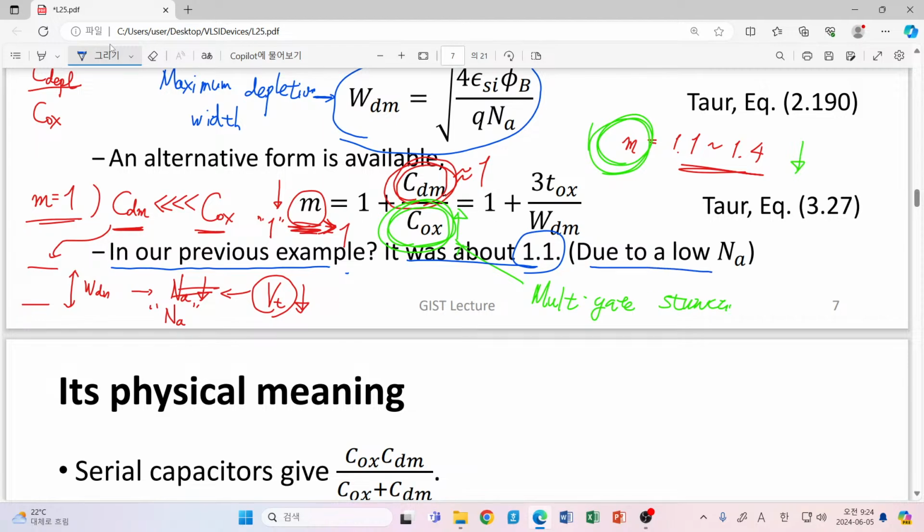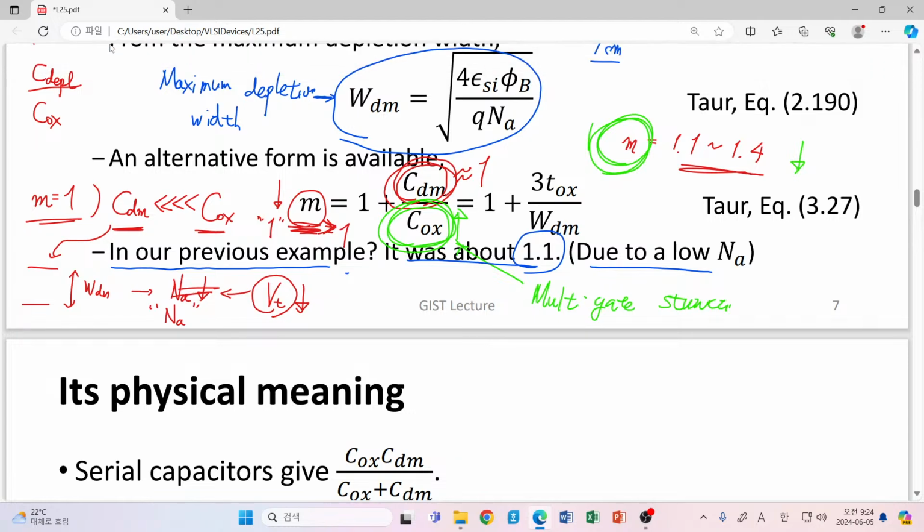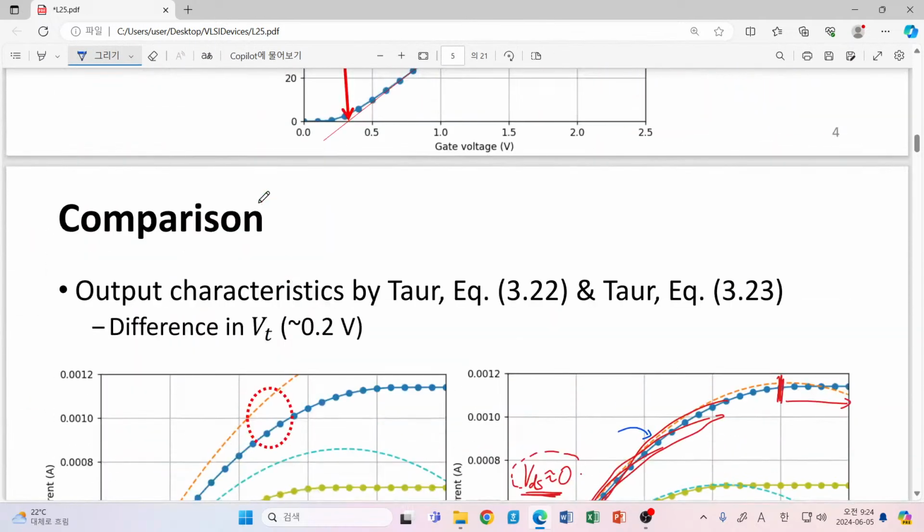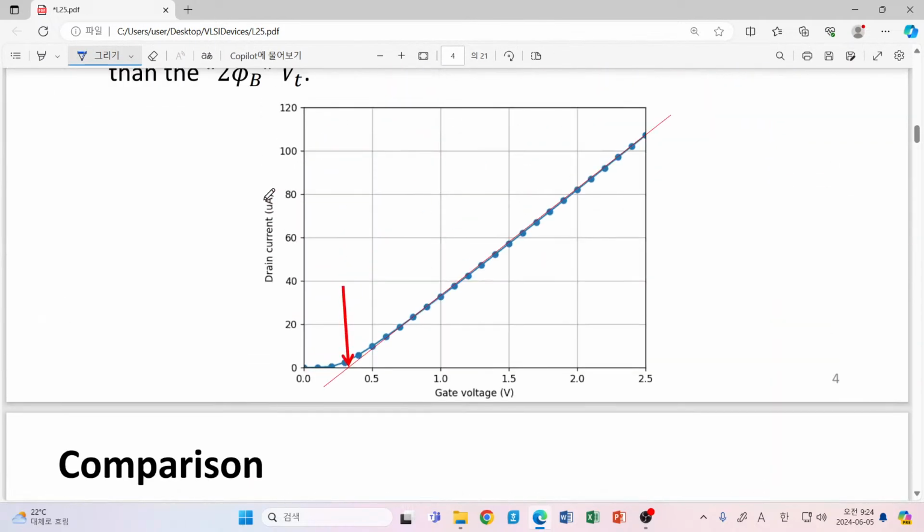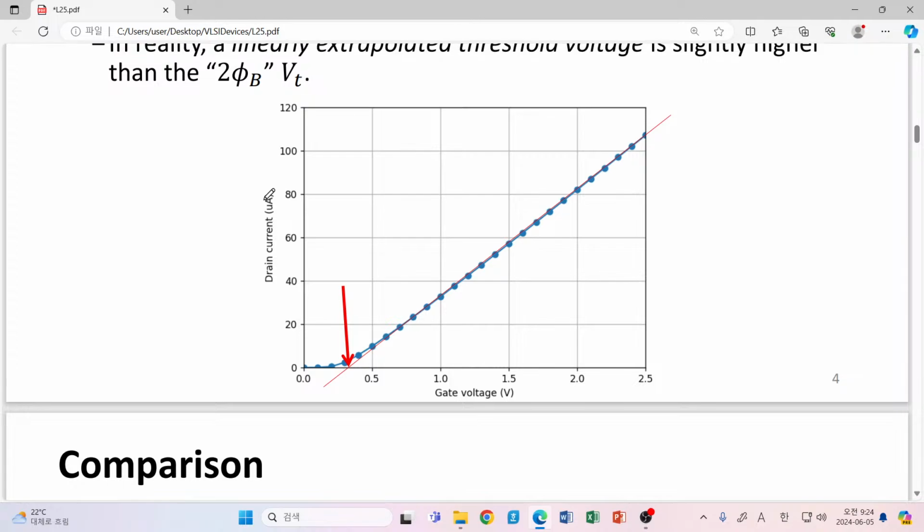Because here we have used quite a low NA value, but instead of that, what we had was this behavior. So can you see? In this case, our threshold voltage linearly extracted from our IV input characteristics is as low as just 0.3 volt.